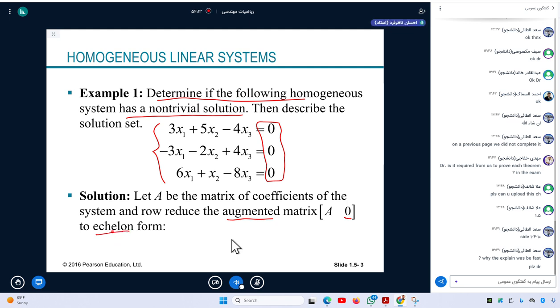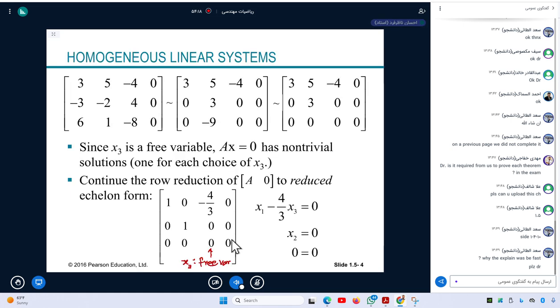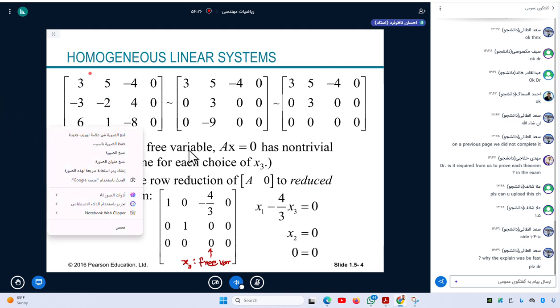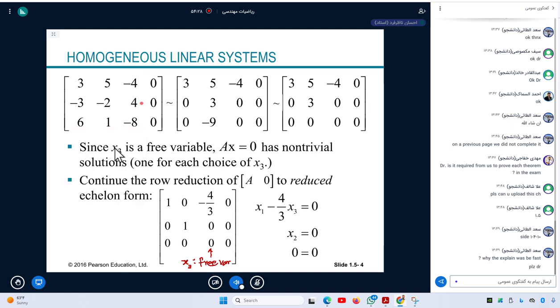Hopefully you remember the echelon form. So this is matrix A, and this is the last column, 0.